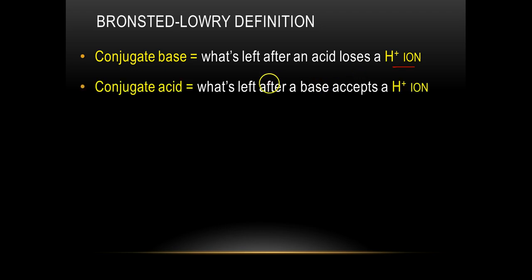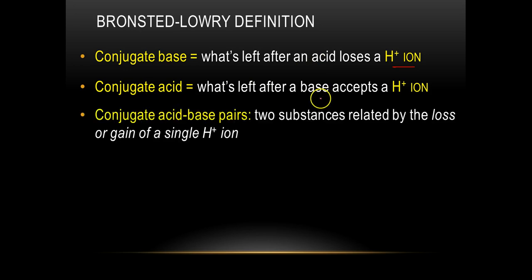A conjugate acid is what's left over after a base accepts a hydrogen ion. So conjugate base goes with the acid. Conjugate acid goes with its base. And then if you can identify those, we have these conjugate acid-base pairs. Like I said, in a chemical reaction you are looking for two things that differ by a single hydrogen ion.